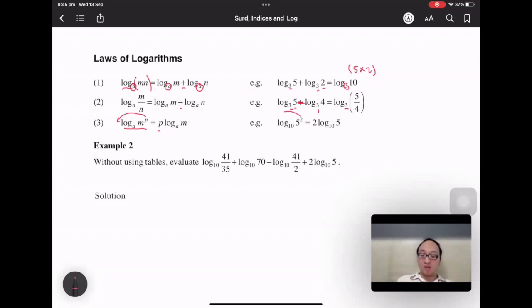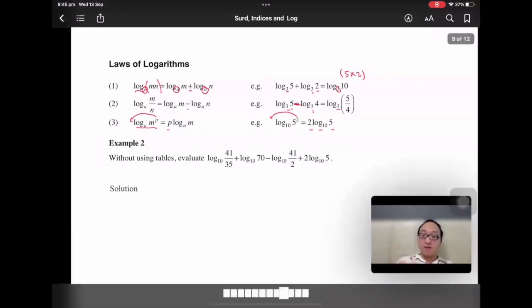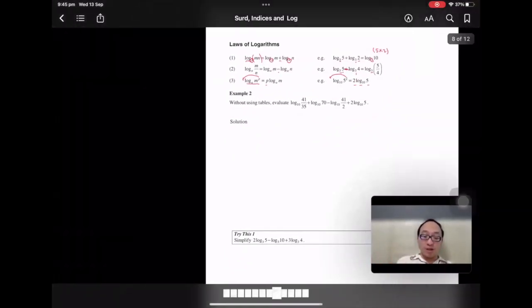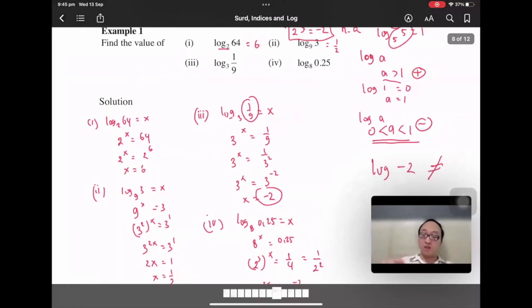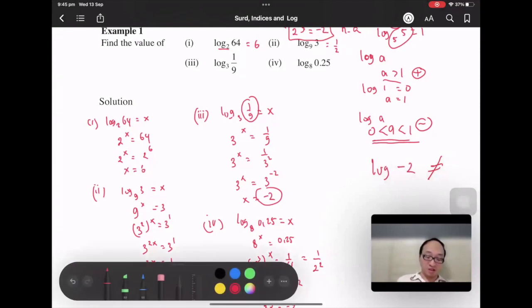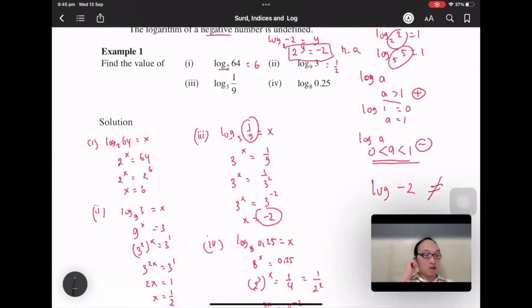This 2 can move out, so it's 2 log 10 of 5. Now we can use these laws to solve all of the numbers here. For example, the first one, log 2 of 64.